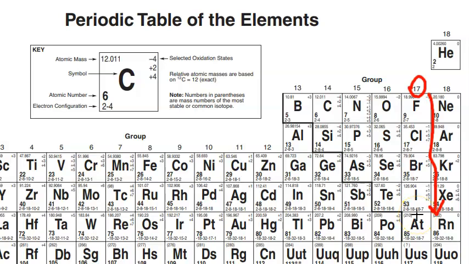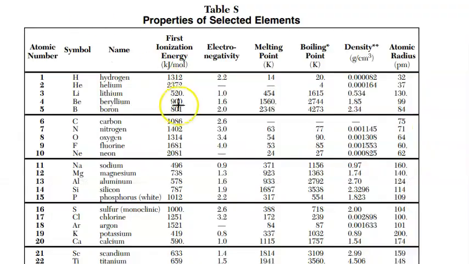If you weren't sure about that, or you wanted to make absolutely sure and double check, you could go to reference table S. And here on reference table S, you have a lot of information. You can see up here at the top.